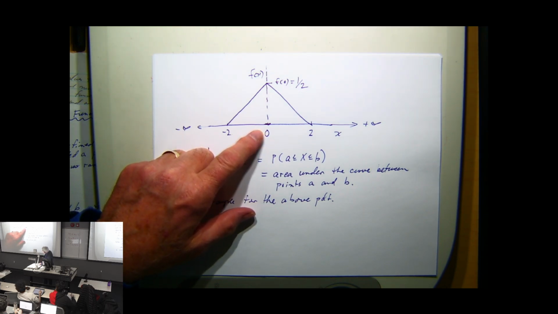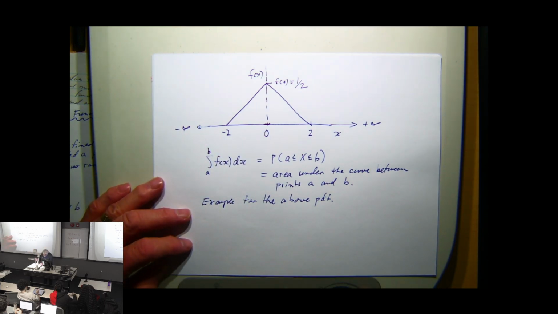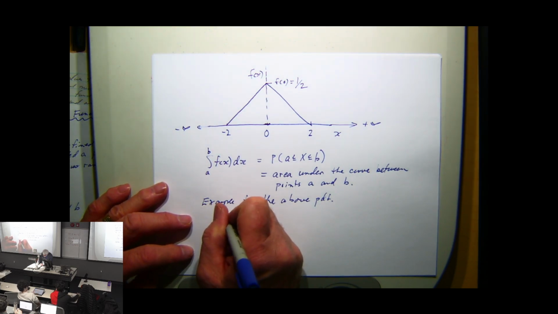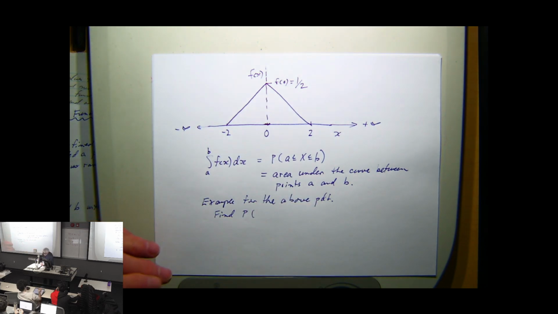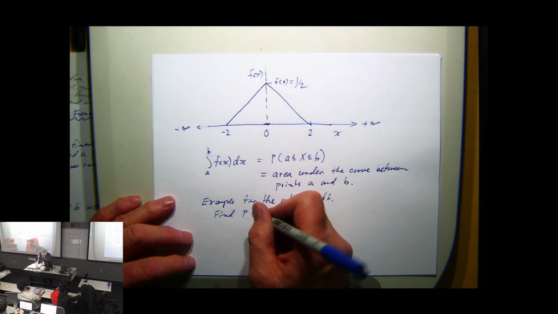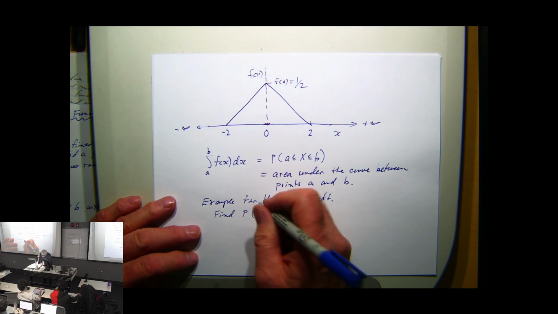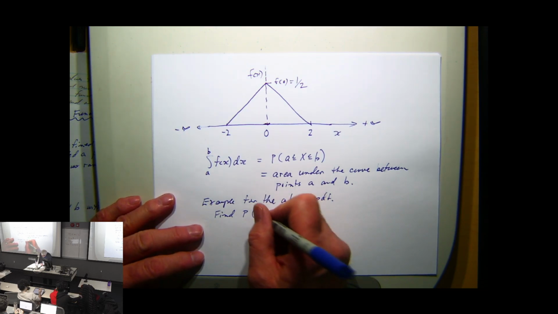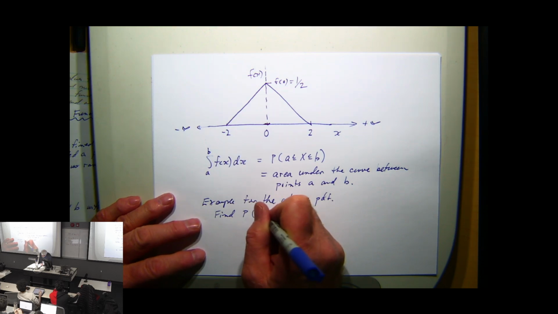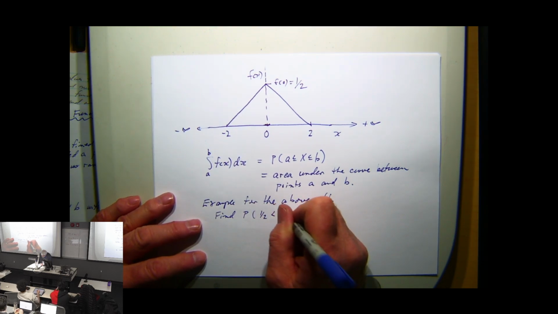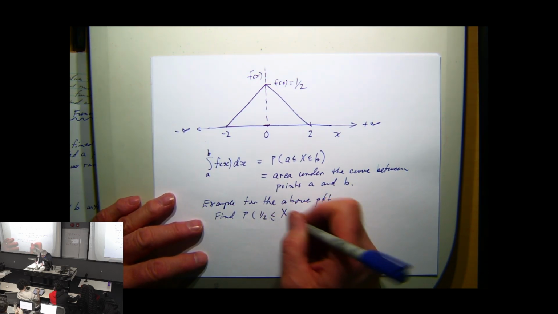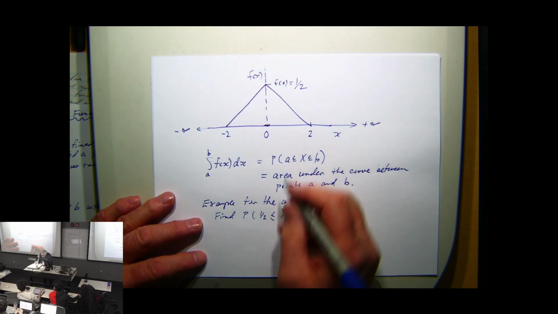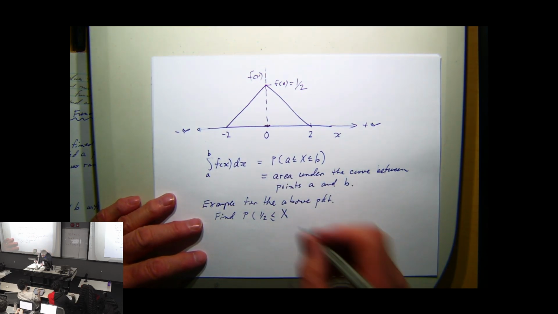So let's just see. Example for this. Find the probability that, let's make it a somewhat challenging one, not all that challenging. Let's suppose we want the probability that x is between 1/2 and 1.